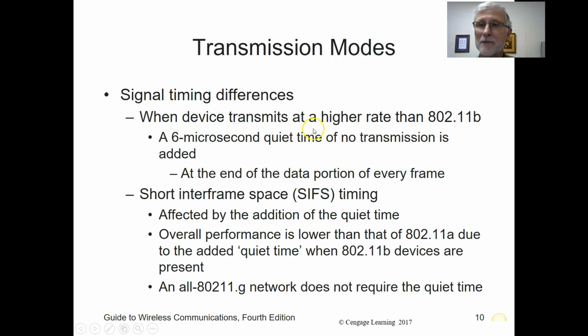So the signal time differences in 802.11b, there was a 6 microsecond quiet time where no transmission could be added. So it just kind of had to delay everything just a little bit, just to let everything quiet down. Now, that timing is that short interface space, that SIFS timing.